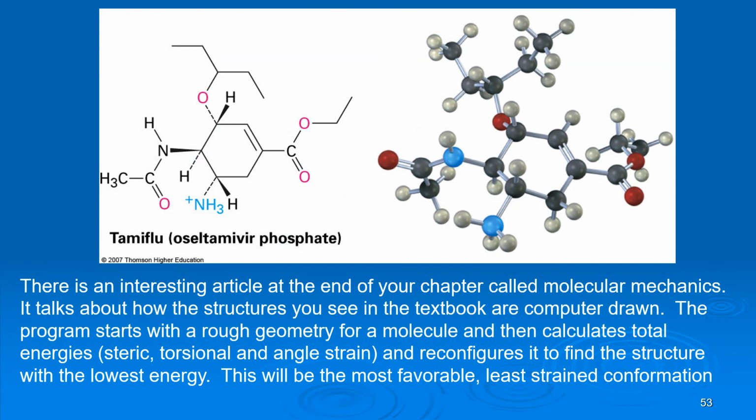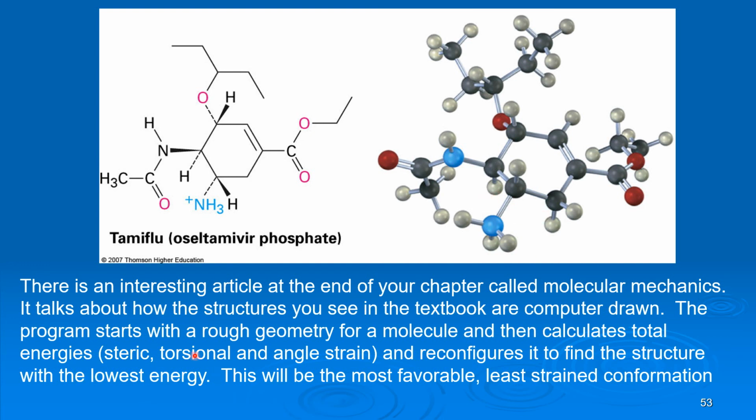And this is just something I wanted to point your attention to at the end of the chapter. It talks about molecular mechanics, and how all these structures that you see in your textbook, how do they come up with these pictures? How do they take something that's two-dimensional and create it and know that that's the correct structure?